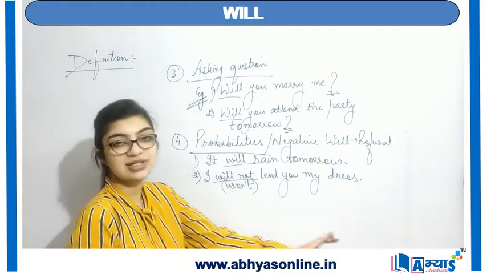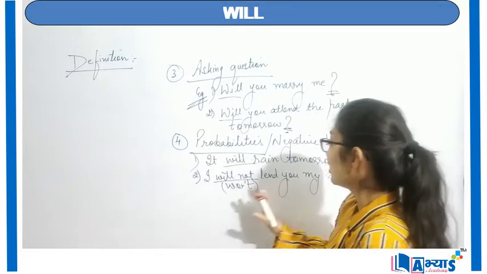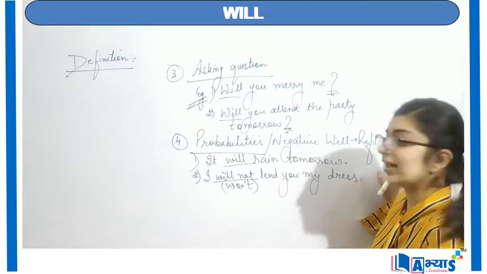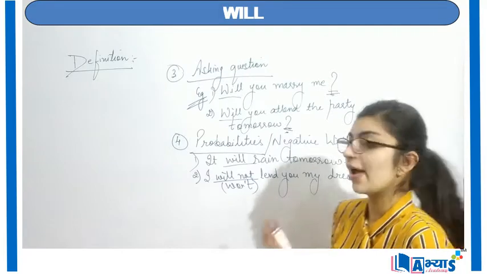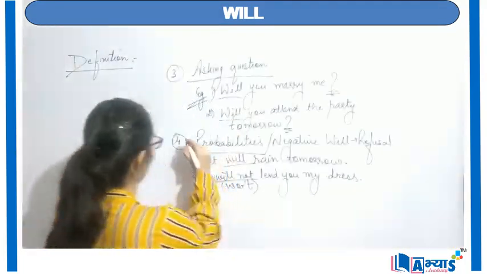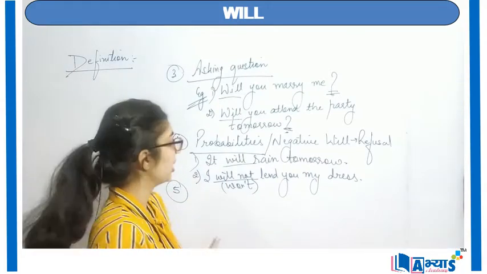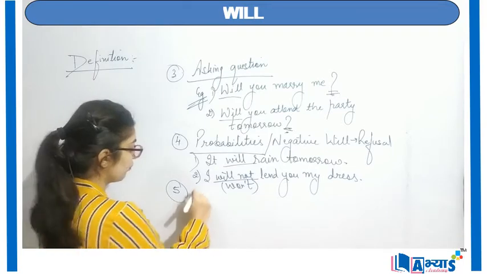I won't lend you my dress. So it is a negative sentence, and the negative sentence over here indicates refusal, that I will not give my dress to the person.